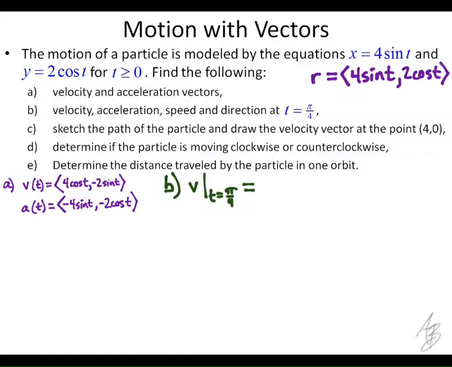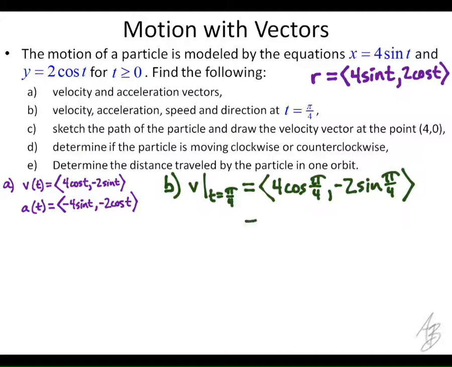Okay, and we'll get there. We are going to measure the speed, but not yet. So this is going to be a vector, and all we have to do here is plug in pi over 4 into this v of t here. When we do that, we're going to have 4 times the cosine of pi over 4. And we're going to have negative 2 times the sine of pi over 4. What is 4 cosine of pi over 4? What's cosine of pi over 4? Okay, 1 over the square root of 2.